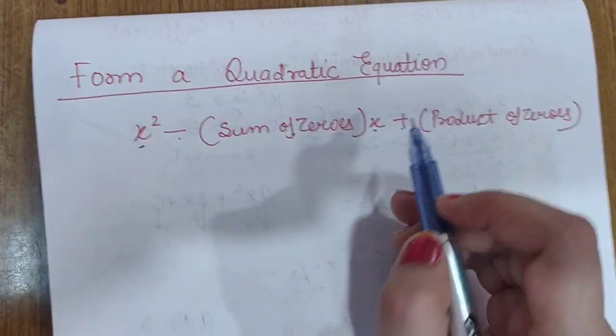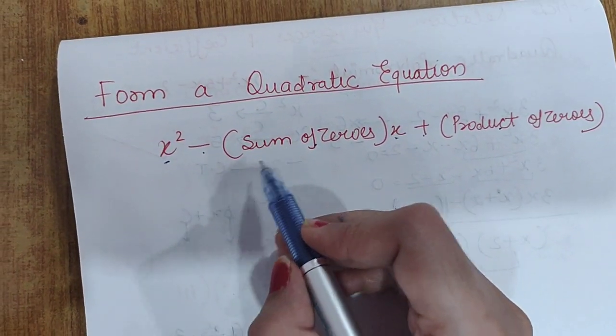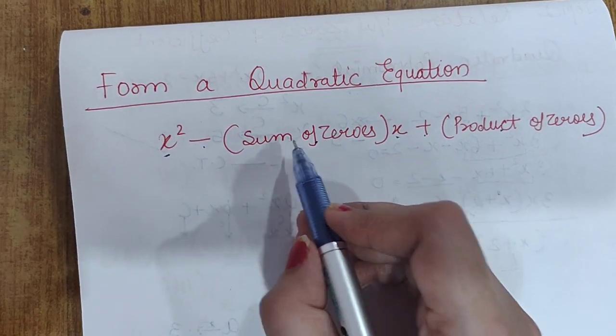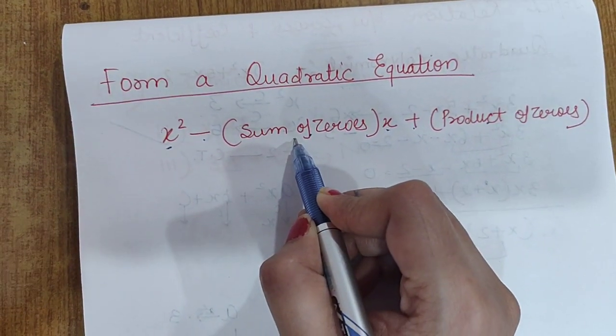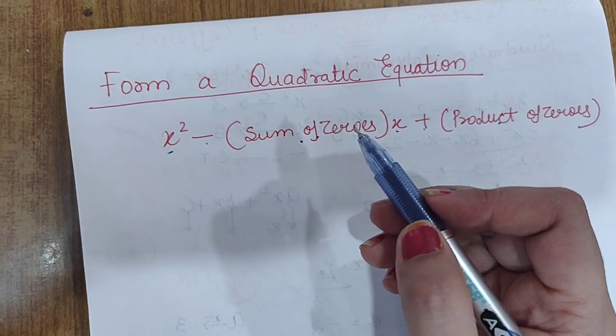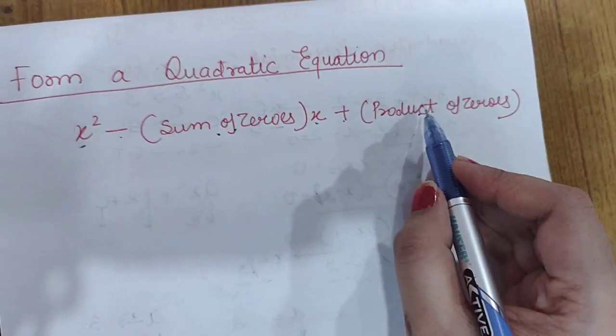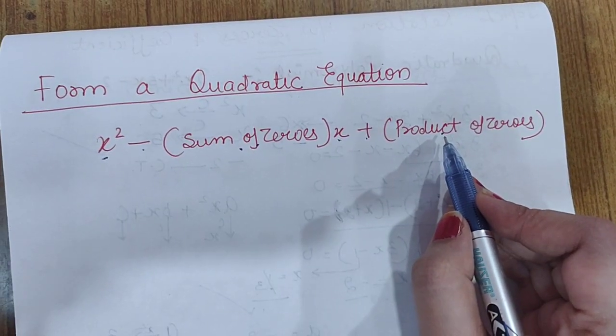So which value do you have to put here? Because zeros are already given, if sum of zeros is given then you put it directly here. If sum of zeros is not given, then you find out the sum of the zeros, then put the value here. And the same with the product of zeros.